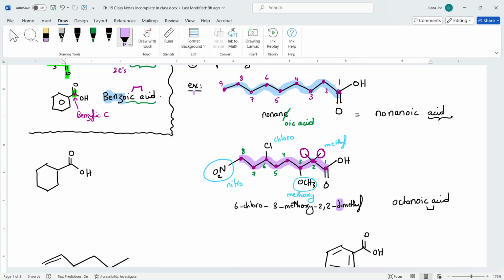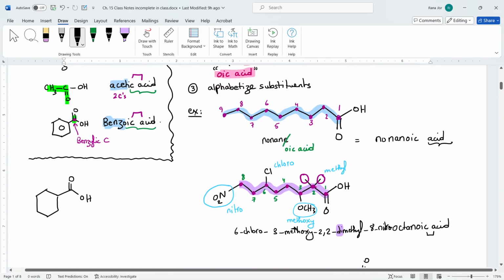This is important. If you forget the prefix, this means that you forgot a substituent and your answer is not right. Okay. And on carbon number 8, I do have nitro. And then it's one word in there. It's an octanoic, and then space, and then an acid.